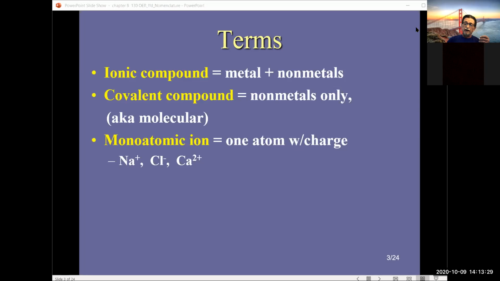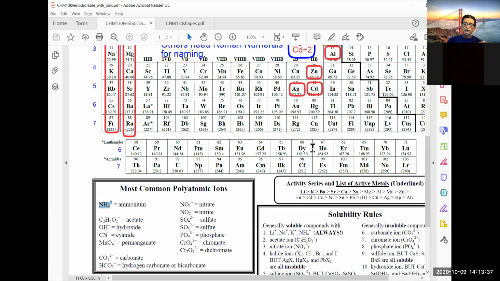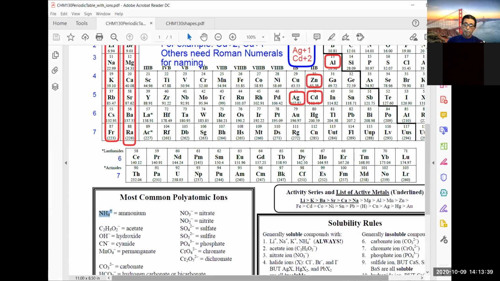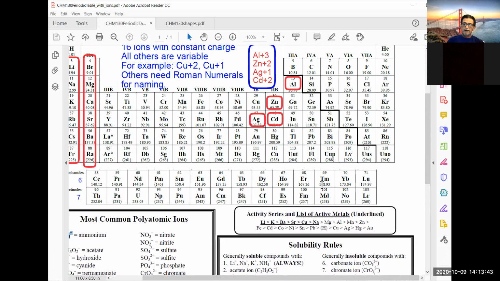With respect to the name, let me go back to the periodic table real quick. With respect to the names of the nonmetals, they're the only ones that change the name.